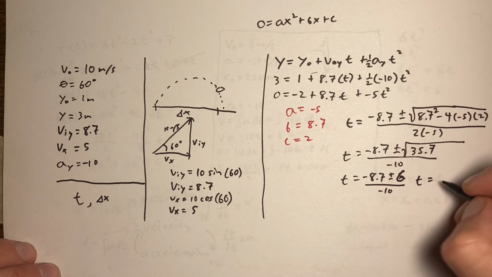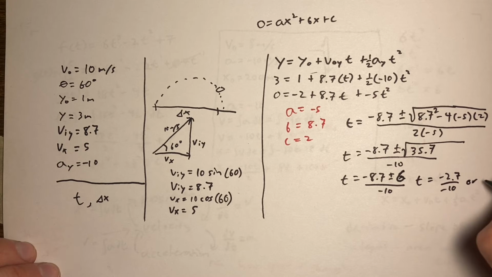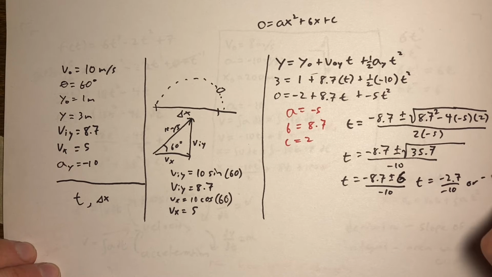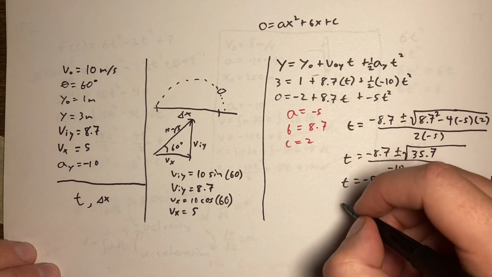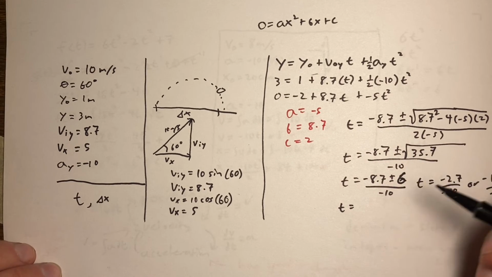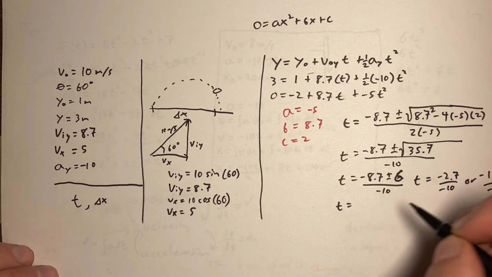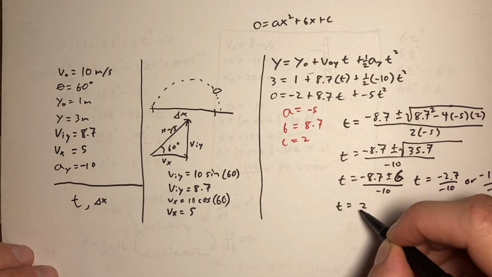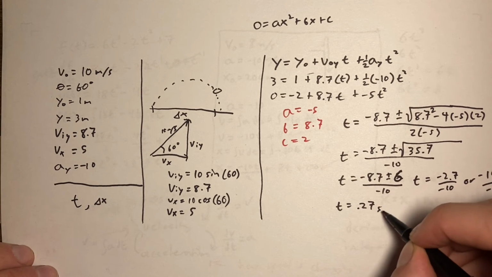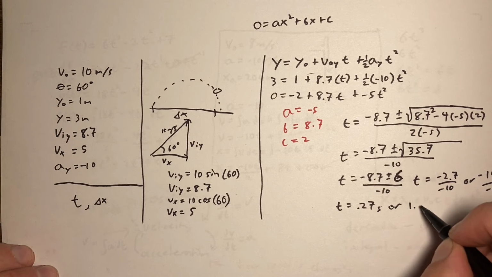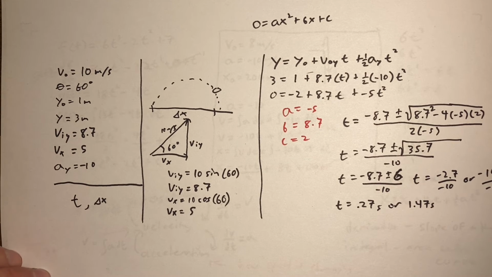If I add 6, I get negative 2.7 over negative 10, or if I subtract 6, negative 14.7 over negative 10. So t is equal to two different numbers: it will either be 2.27 seconds or 1.47 seconds.